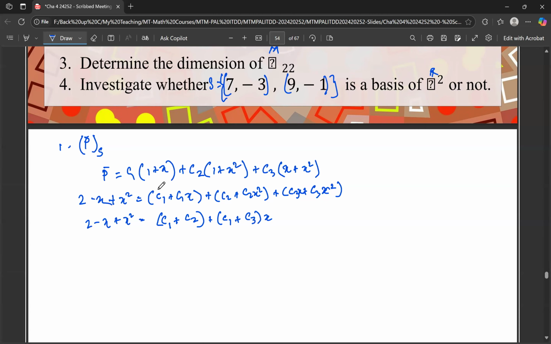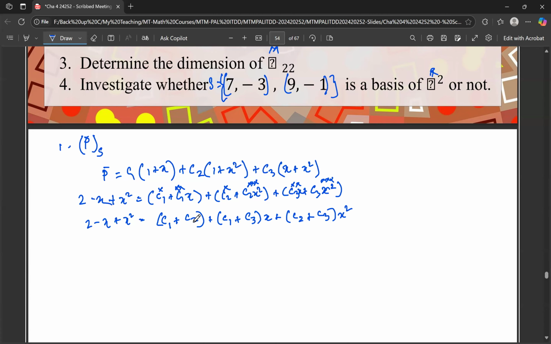So this is the constant, this is the coefficient of X, and here X squared is the coefficient of X squared. Here, and also here, we have C2 plus C3 X squared.